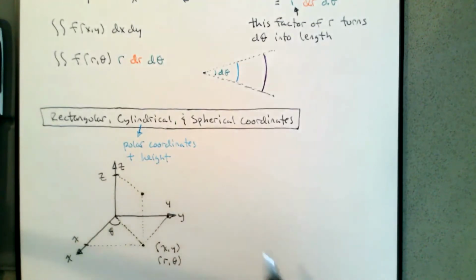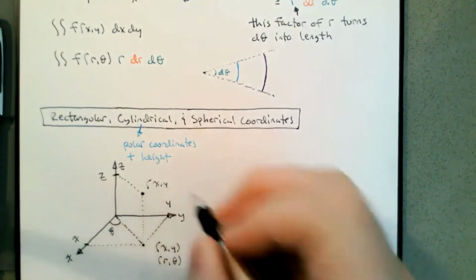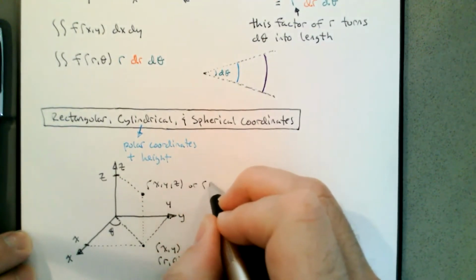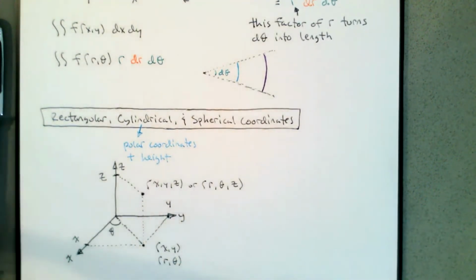So this point in space will be either x, y, z, or r, theta, and z. So these are cylindrical coordinates. Cylindrical coordinates are just z on top of polar coordinates in the same way that rectangular coordinates are just z on top of x, y coordinates, Cartesian coordinates.